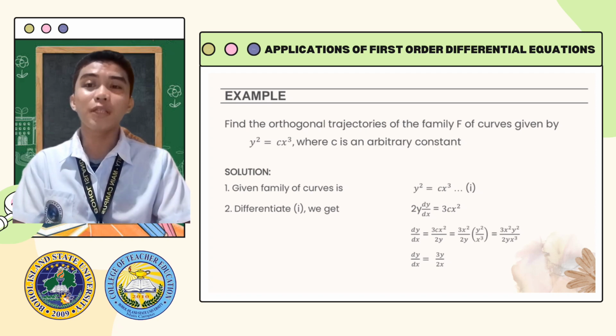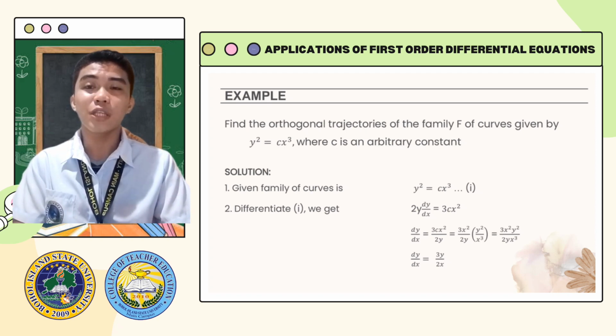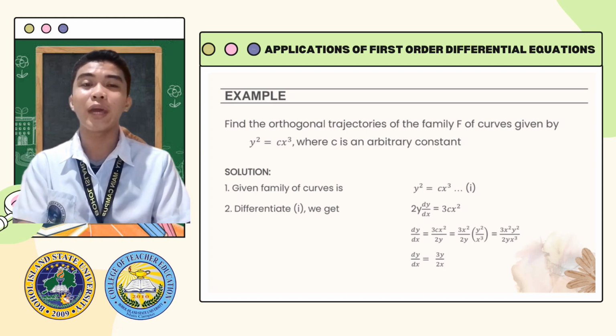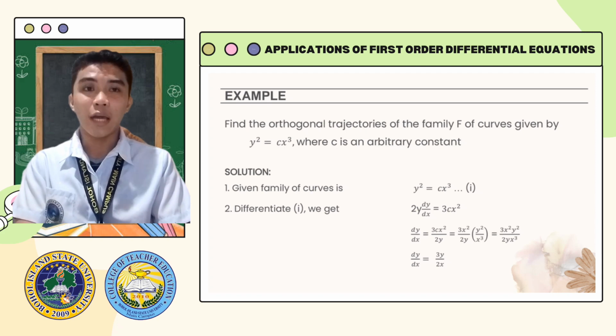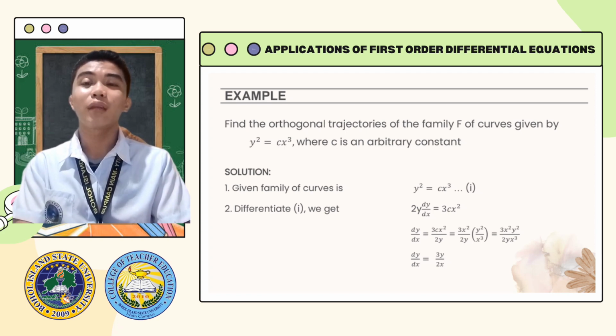Now just simply substitute the calculated value of c in the equation, so we get dy over dx equals 3x squared over 2y times the value of c, which is y squared over x cubed.